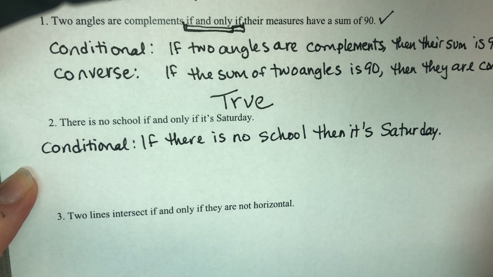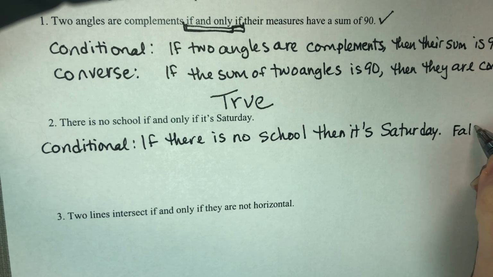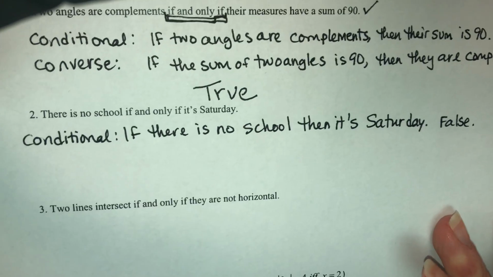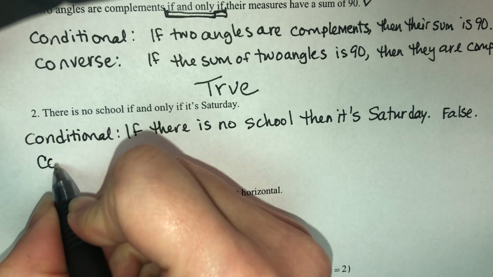Is that a true statement or a false statement? If there's no school, then it's Saturday. I would say that's false, because it could be Sunday, it could be a school holiday, there could be a school closure. There's a lot of different situations that don't mean it's Saturday just because there's no school.